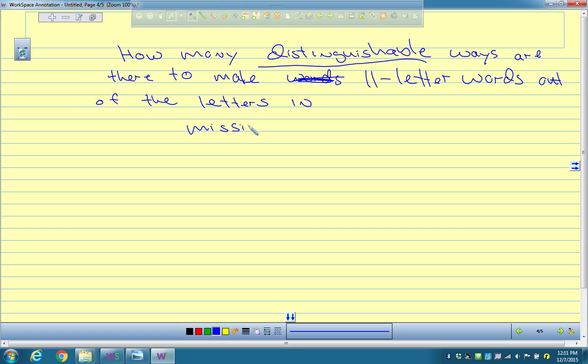I'm getting good at spelling this now. Mississippi. Okay? That's 11 letters. How many different ways could I arrange those letters?